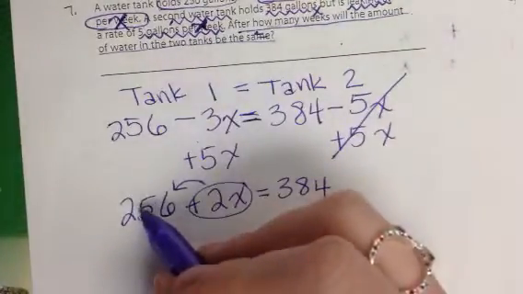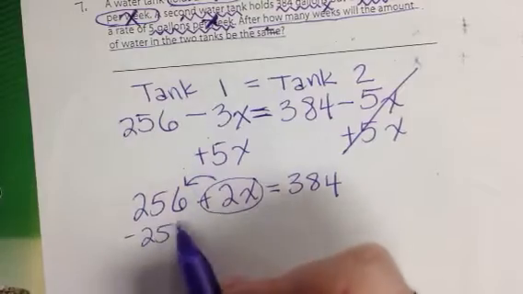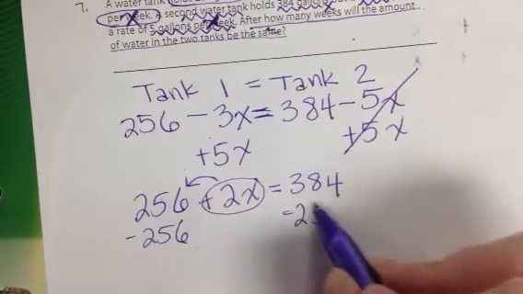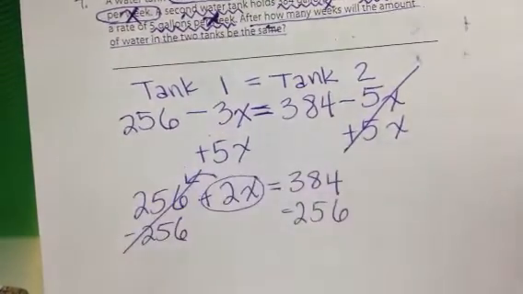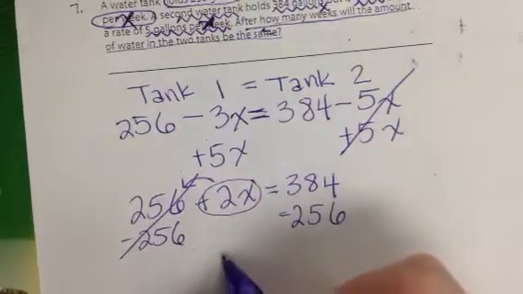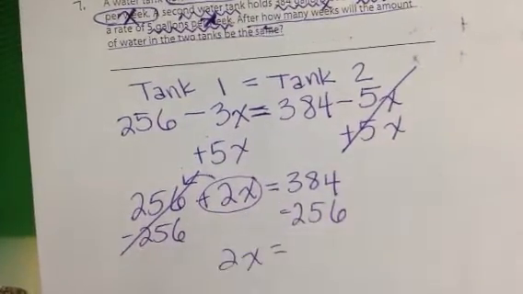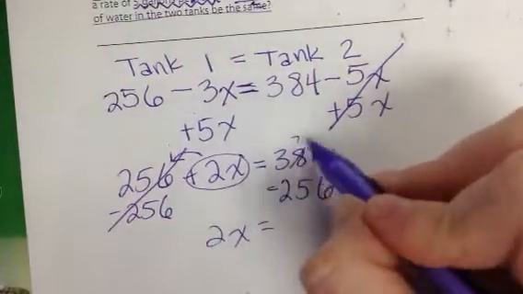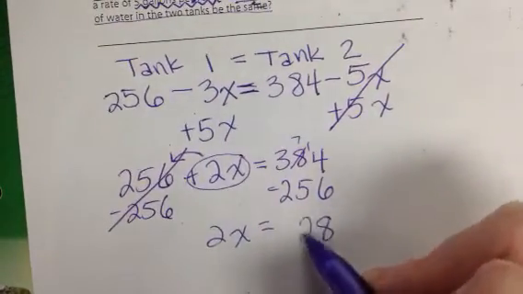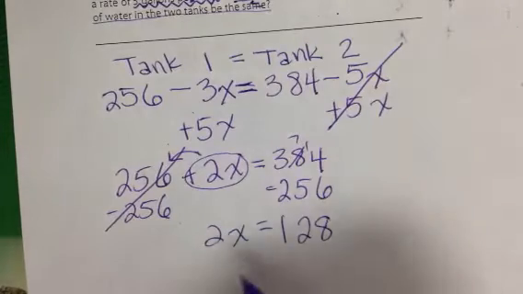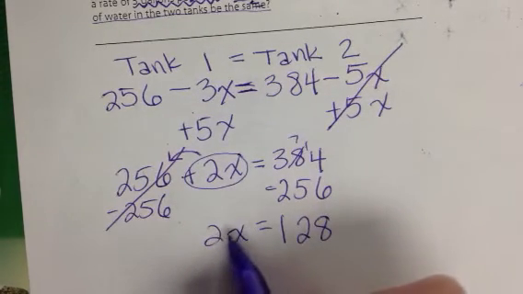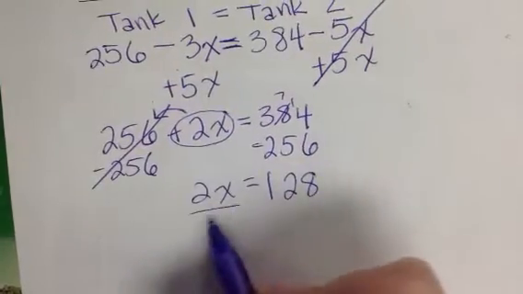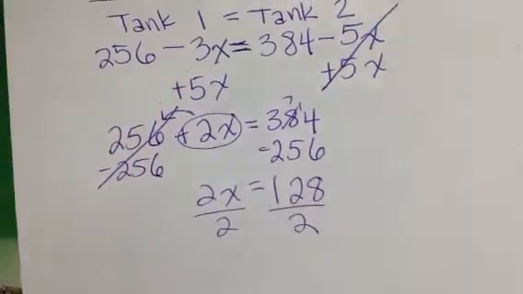This is a positive, so I need a negative 256. Whenever you subtract, that gives you 128. When they're squished, they're multiplying because that's implied. So I divide to undo it.